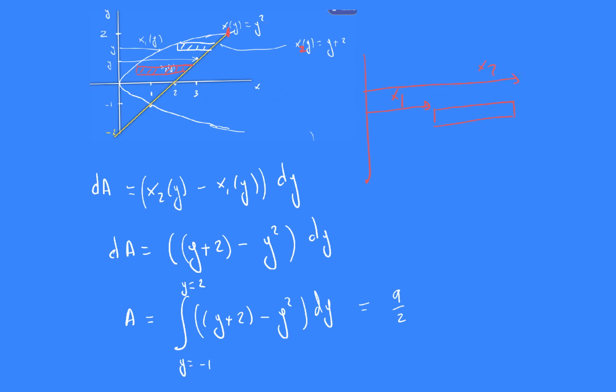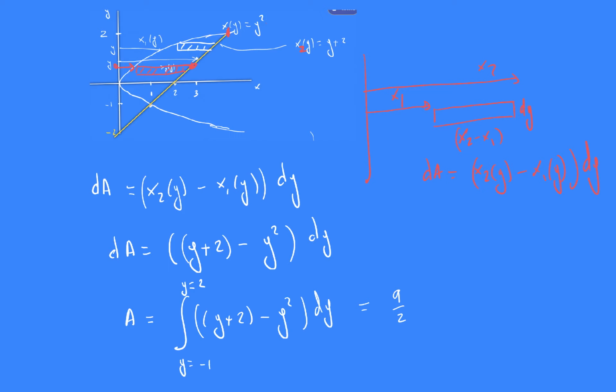So this is x1, and everything from here to here is x2. So the size is x2 minus x1. And the height of the rectangle is dy. And the area of the rectangle is x2 of y minus x1 of y times dy.